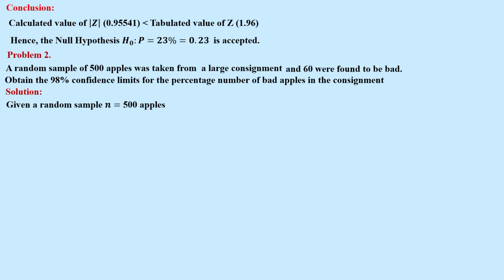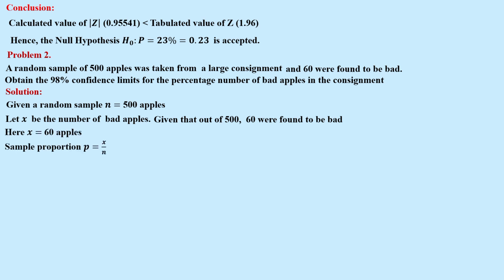Given a random sample of n equal to 500 apples, x is the number of bad apples, that is the number of successes in this case. So x is equal to 60, out of 500, 60 were found to be bad. Small p is equal to x by n, the proportion, 60 by 500, so 6 by 50, that is equal to 0.12.